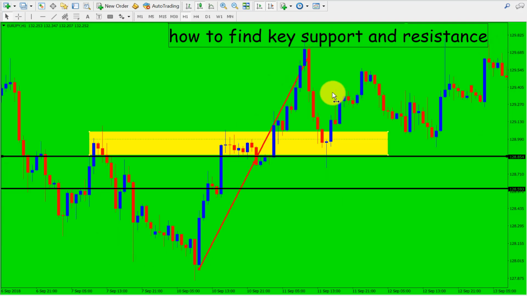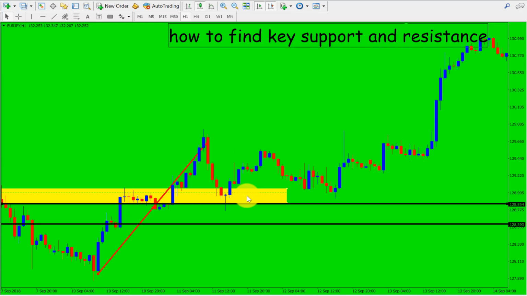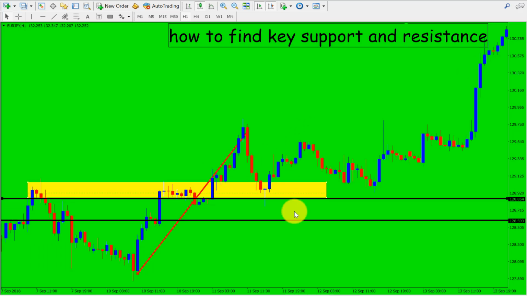Price went from here to here. So this resistance zone breaks, and if we watch carefully, then we will see that, interestingly, this zone will act as our new support zone, because this was a resistance zone.